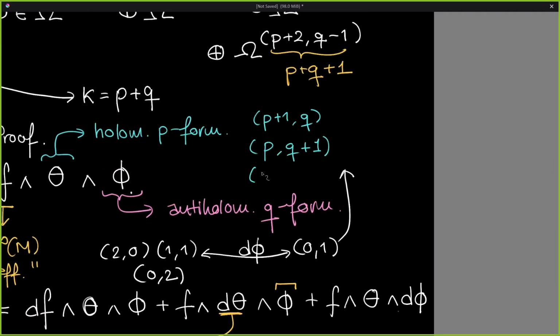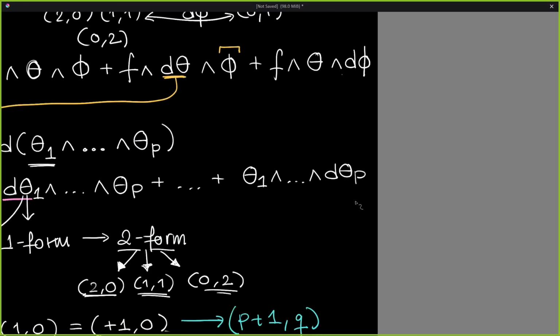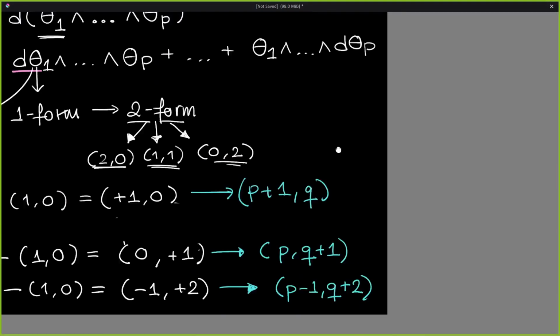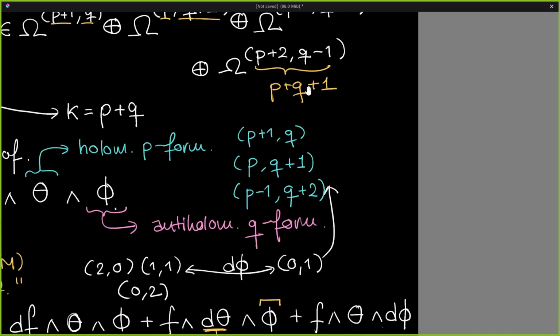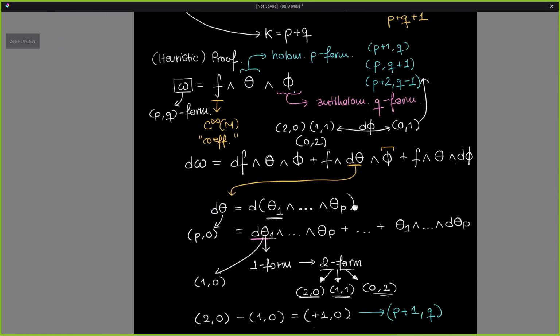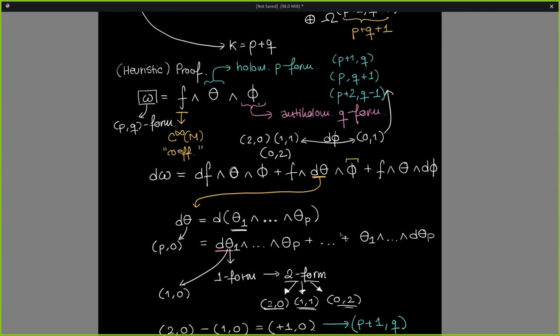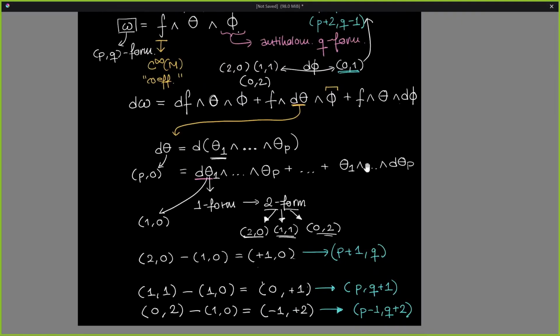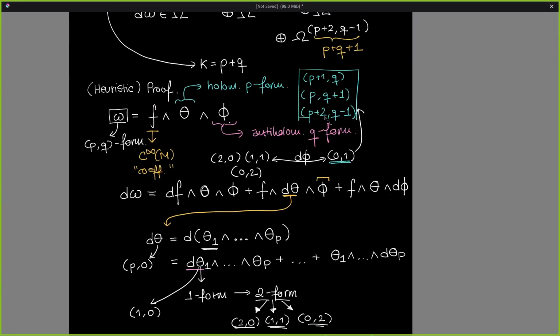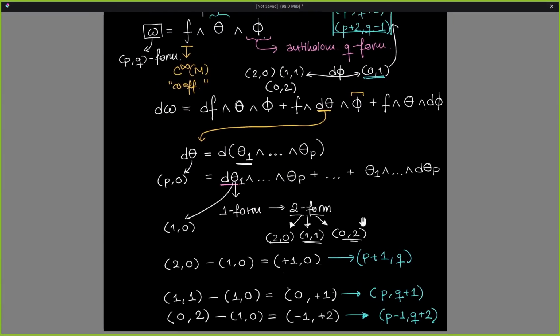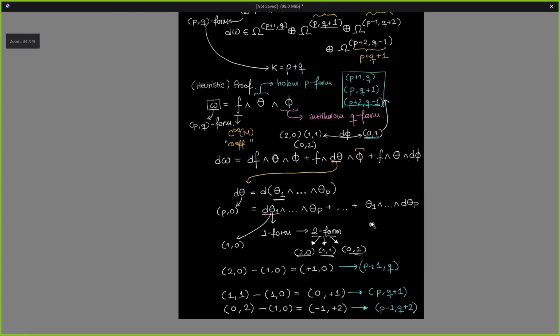We will get a p minus 1 q plus 2 form. I think that's the other one, right? No, that's the same one. The one we will get here is p plus 2 q minus 1. You can do the math yourself, and because this is 0, 1 instead of 1, 0, that's why we'll get these three combinations.